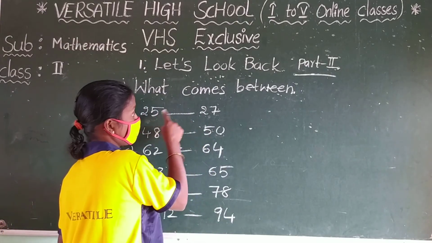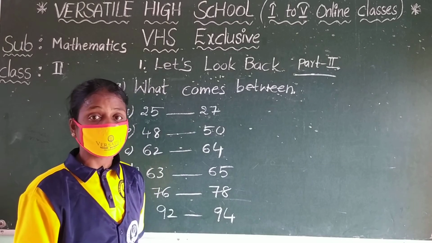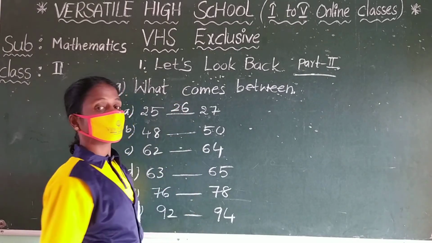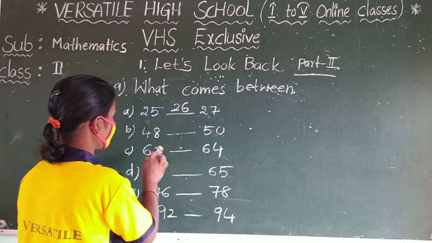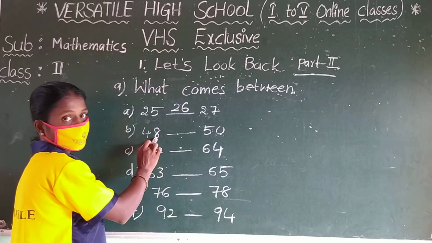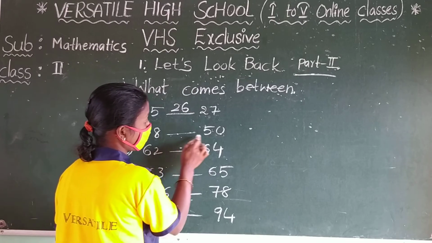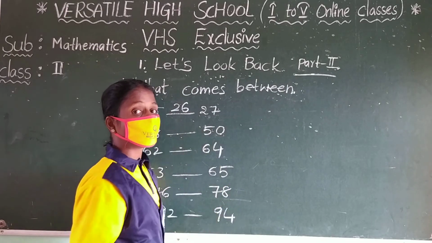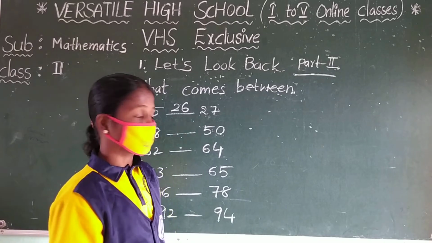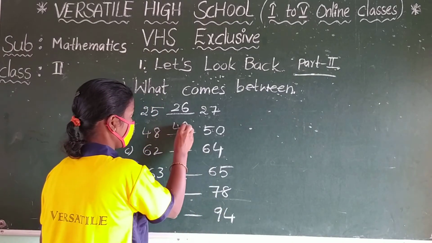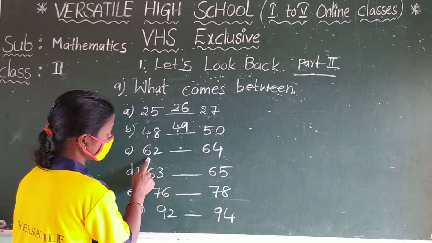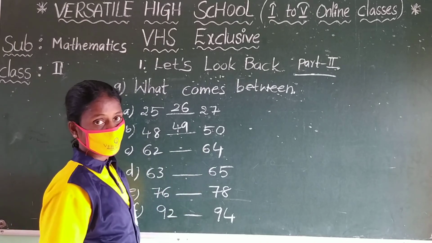Here 25, 27, between number is what? 26. And another one, 48 dash 50. Between number is 49. Now we are going to the third one, 62 dash 64.